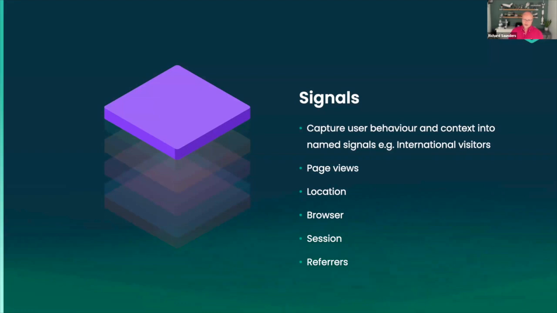What location are they coming from? What browser or device are they using? How long have they been visiting in this session? How many sessions have they had? Or who's referred them to our site? All of these are signals. They are characteristics or traits that make up the interaction of a visitor to your website.